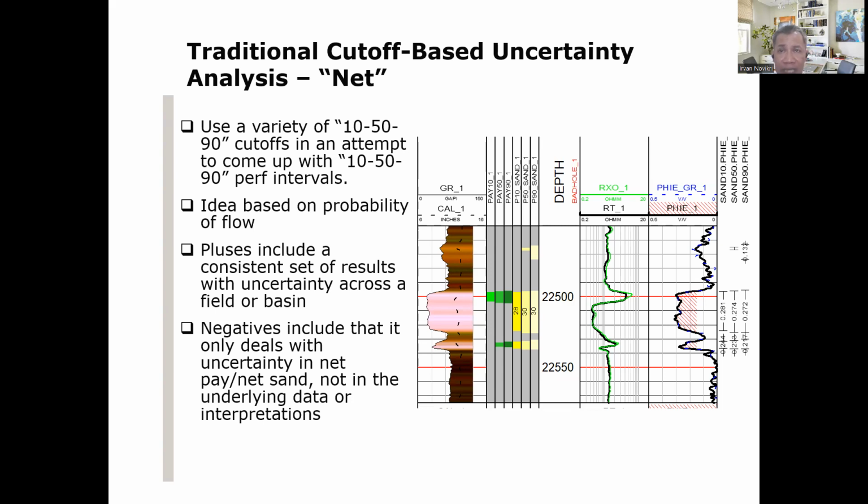This approach is based on the probability of flow and provides a consistent set of results for assessment across a field or basin. However, it doesn't address uncertainty in underlying data or interpretation, limiting its scope. It should be noted that this method only addresses uncertainty related to net pay or net sand, and doesn't consider the underlying data or interpretation.